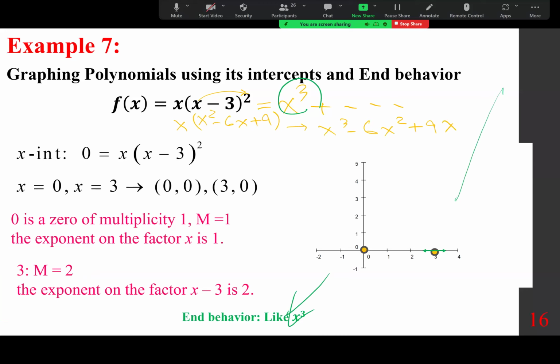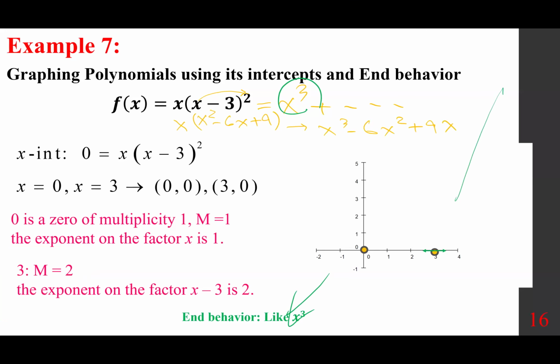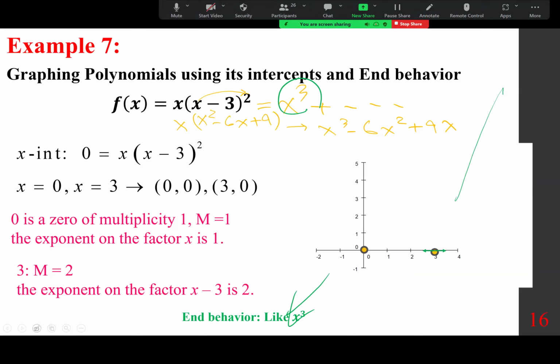So you can always pick up some extra and easy points. That gives you an idea. For example, if I plug in 1 here, I get 1 minus 3, negative 2 squared is 4. So 1 gives me 4. If I put 4, 4 minus 3 gives me also 4.